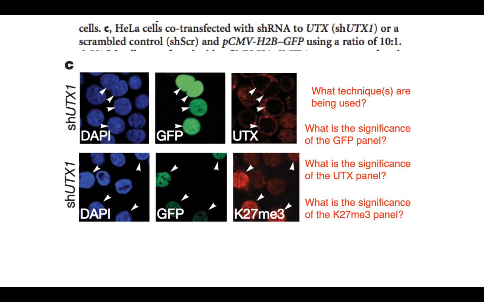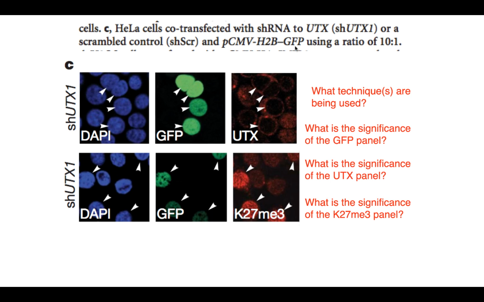Now, they do similar experiments using immunohistochemistry. In experiment 1C, they take HeLa cells co-transfected with short hairpin RNA to UTX, that's their shUTX1, and a PCMV H2B GFP, basically another expression vector that makes GFP, the green fluorescent protein.